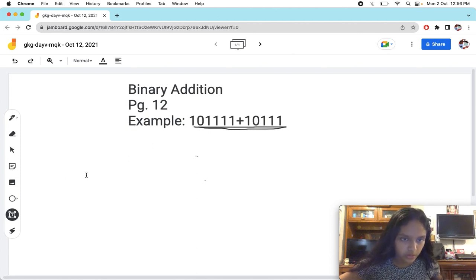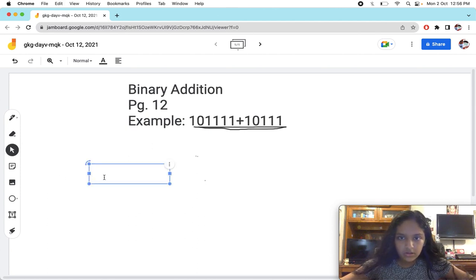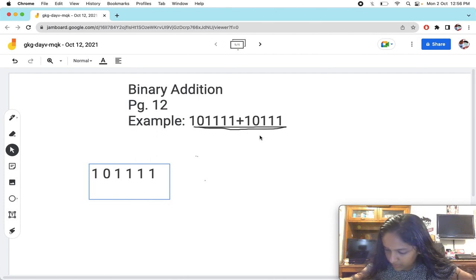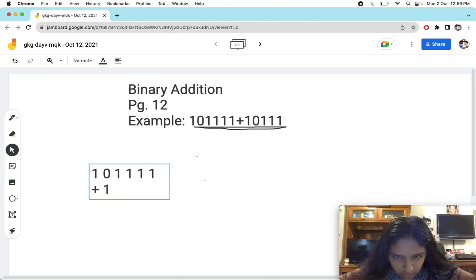Okay, so we are going to write here, let me see, very carefully, 1 0 1 1 1 1. Is this correct? Yeah, that's correct. And plus 1 0 1 1 1.